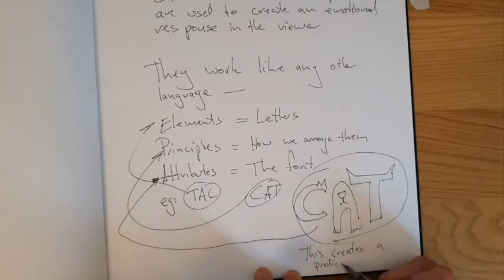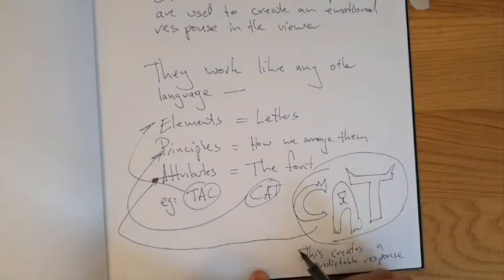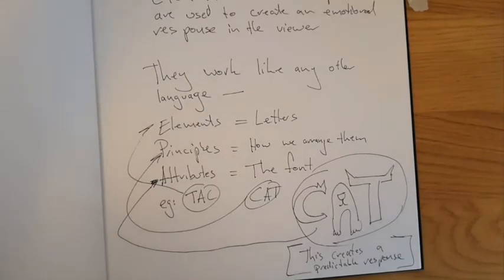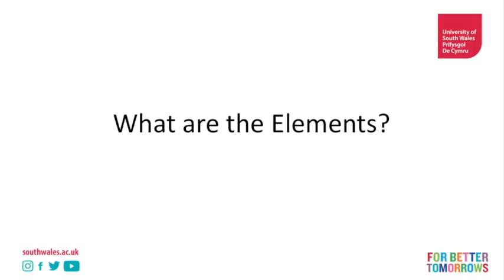And that we create a predictable response. So when we use our elements and principles, a person who can read English knows that the word is cat. But when we look at our attributes, we can get an emotional response from that person. That might be a response of thinking something's cute, or the memory that this looks a bit like a cat that they've had in the past, something like that.